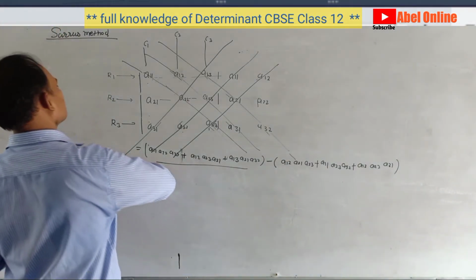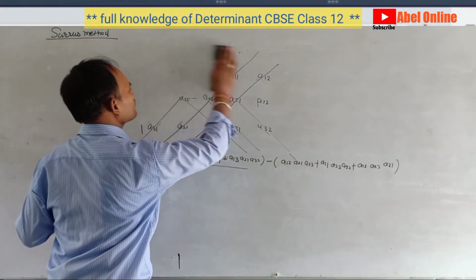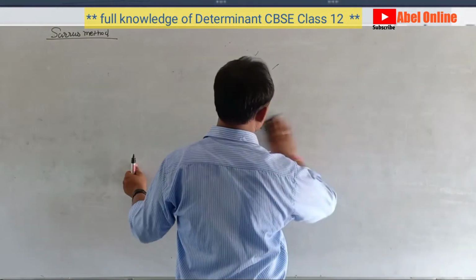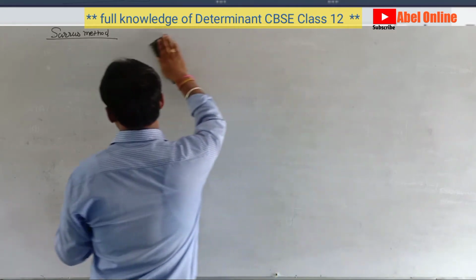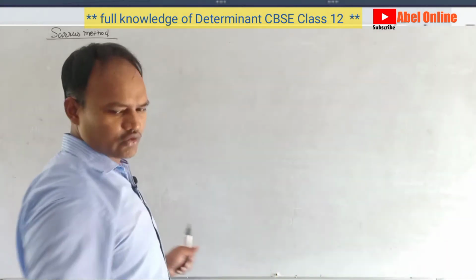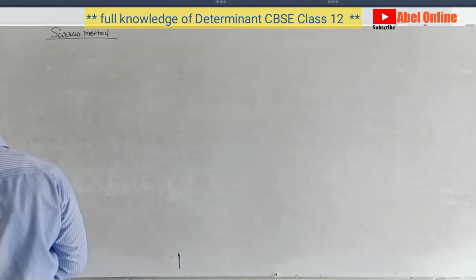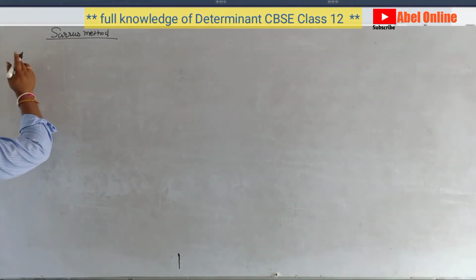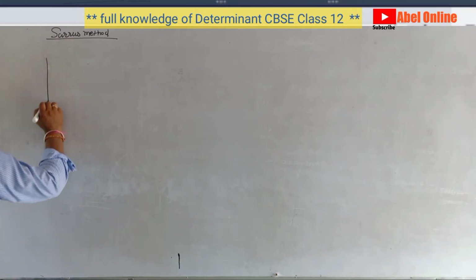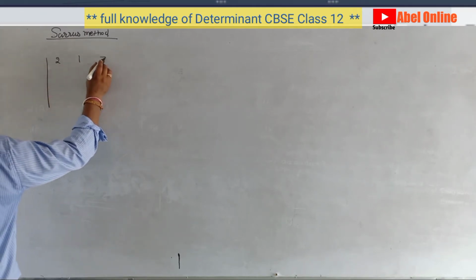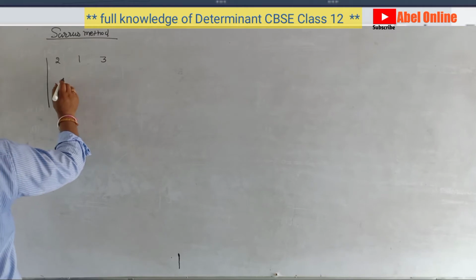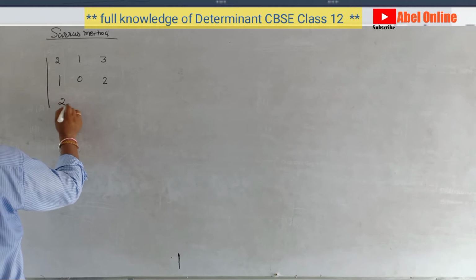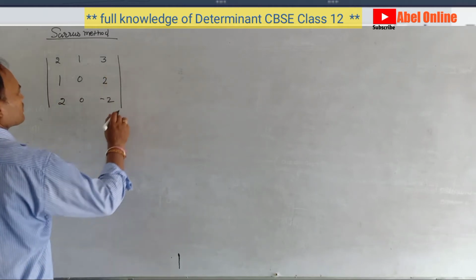Now we are taking a question and trying to solve it. The question is the same, but the method is different. Suppose it is 2 1 3, 1 0 2, 2 0 2.